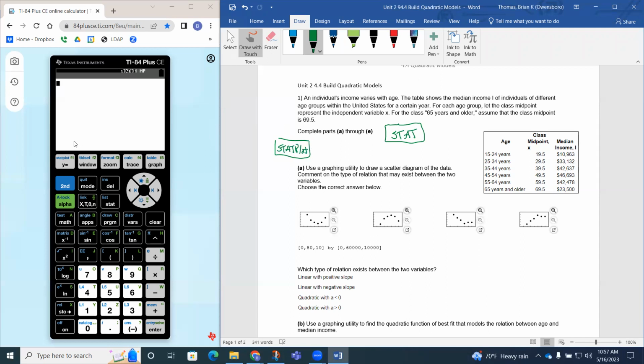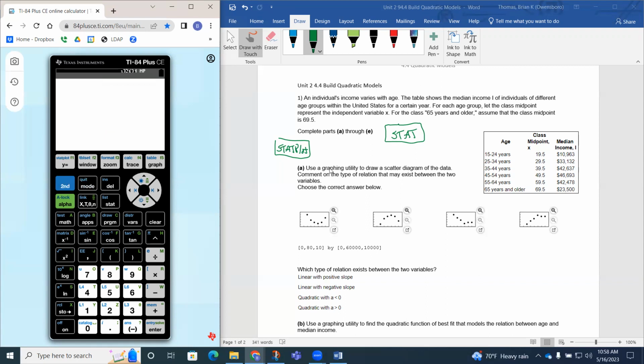Notice that stat plot is in blue, so I have the second button, stat plot. Notice that my plot 1 was turned off because we were doing some other math, so I need to turn that back on. If I hit enter again, it'll turn it back on, and it's already set for scatter plot. And notice that the X list is L1, Y list is L2. That all looks good. So we're done with this. So we can now quit.